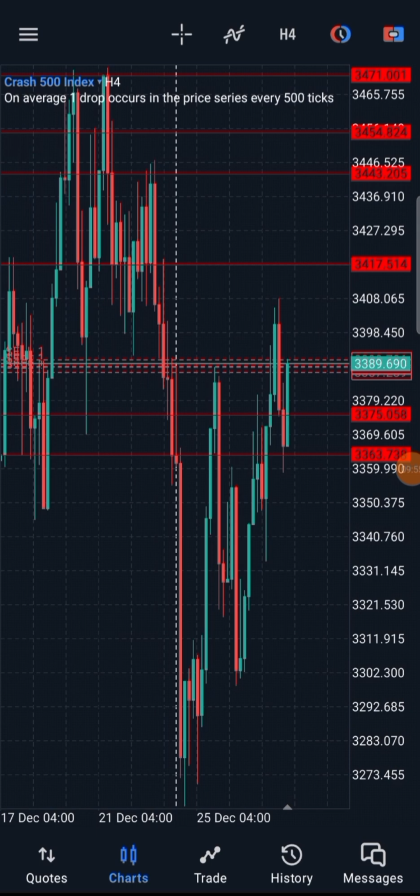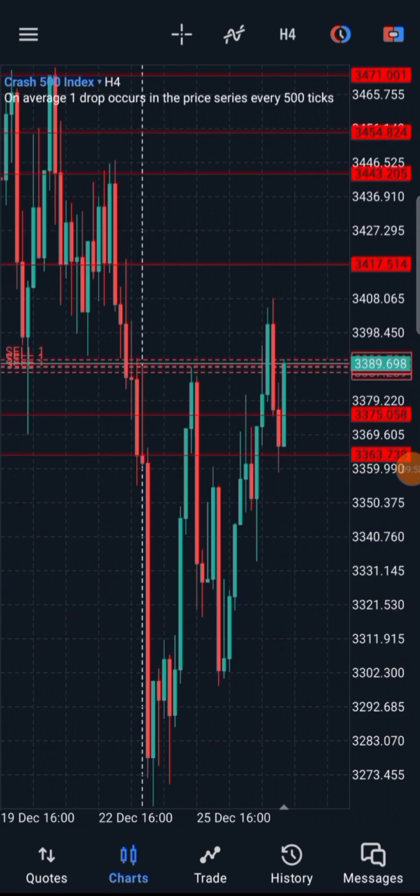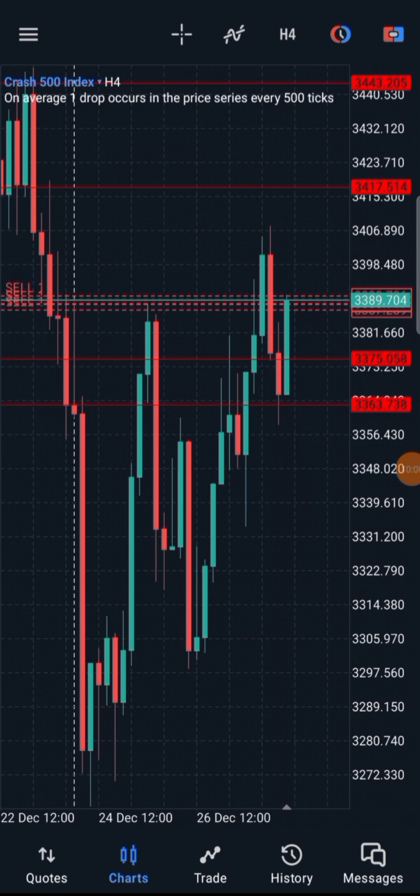At this juncture, if there's an entry point, you can still enter the market. But if you can't place your trade, you'd rather just wait and learn from it. Because at times you might want to enter the market at this juncture as well, but then it stops you out again, which becomes frustrating. So it just depends.